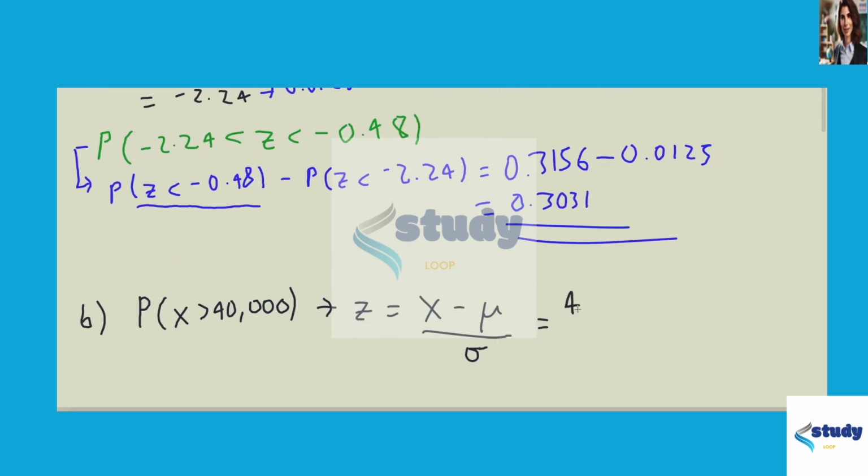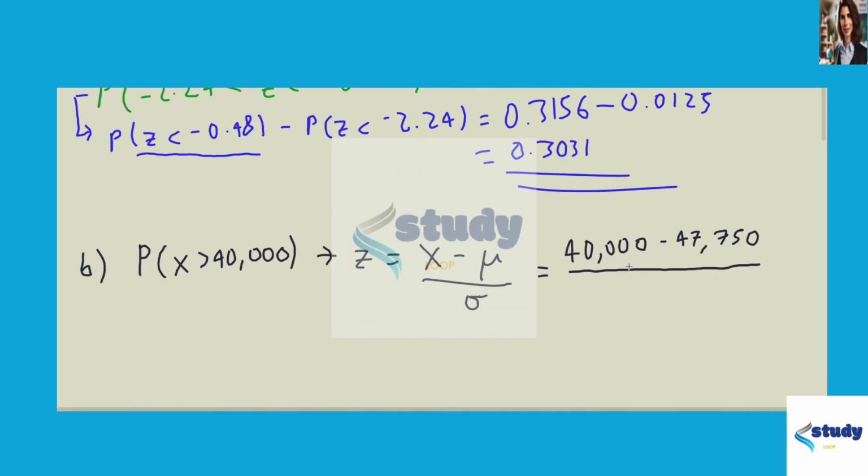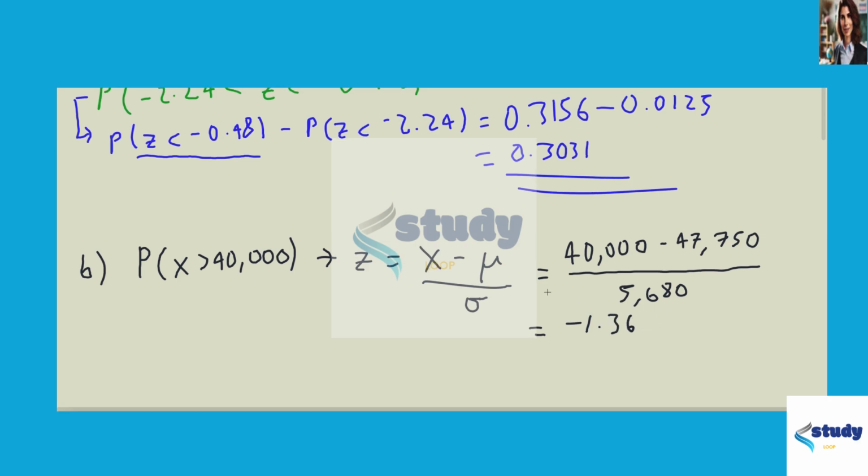If you substitute the 47,750 and the 5,680, we're going to get a value of negative 1.36. However, usually when we use this formula, this needs to be a less than sign. Since it's not, we have to do 1 minus the Z value.